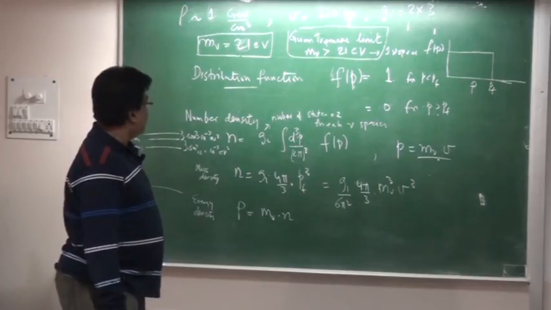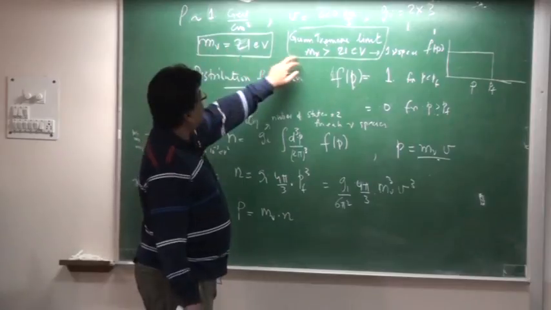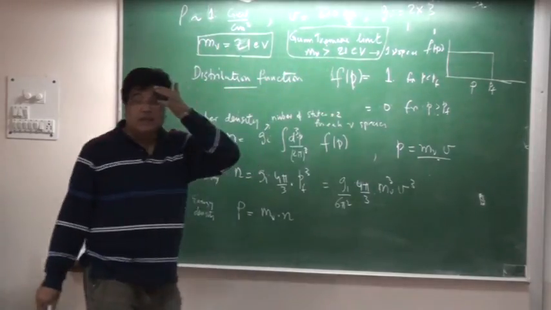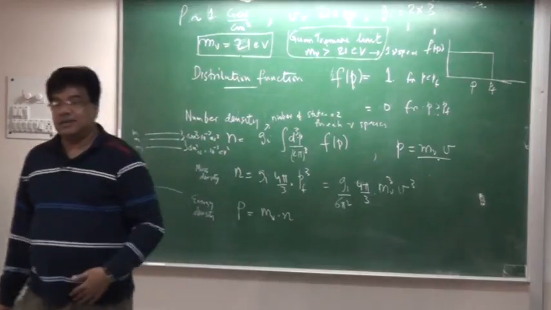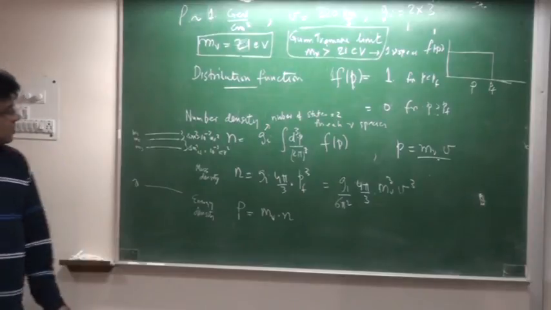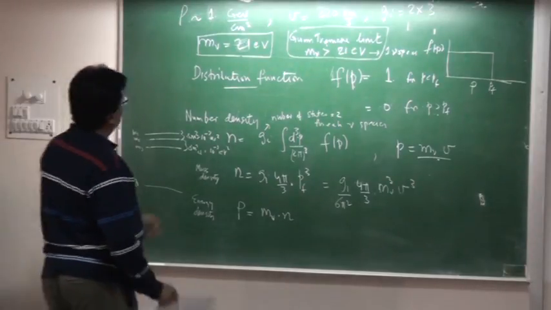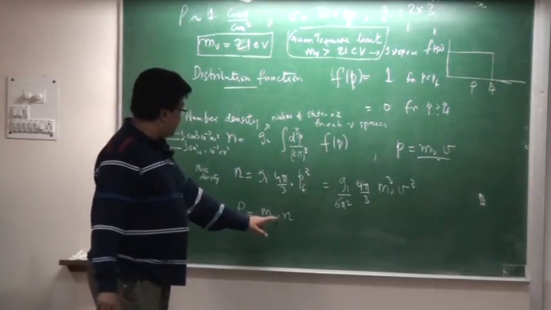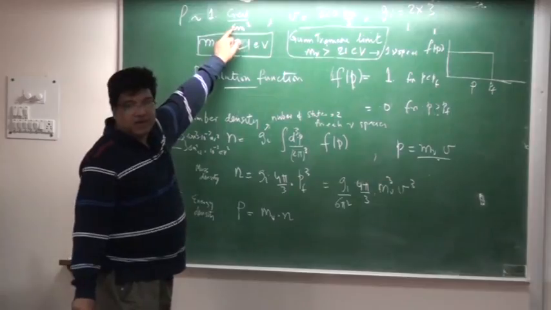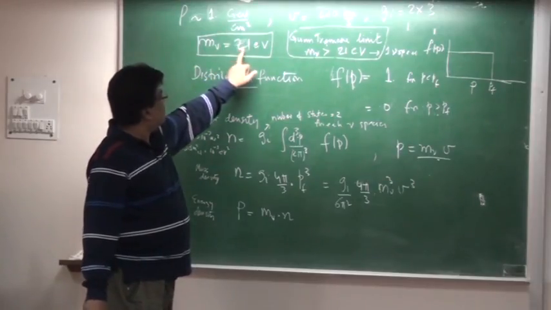Up till here I had equality. Why did I finally put m nu greater than 21? Because all along I was calculating non-relativistic: the number density is equal to that, then rho is equal to that, and when I put it equal to 1 gram per centimeter cube, I get a number which tells me m nu is equal to 21 eV.